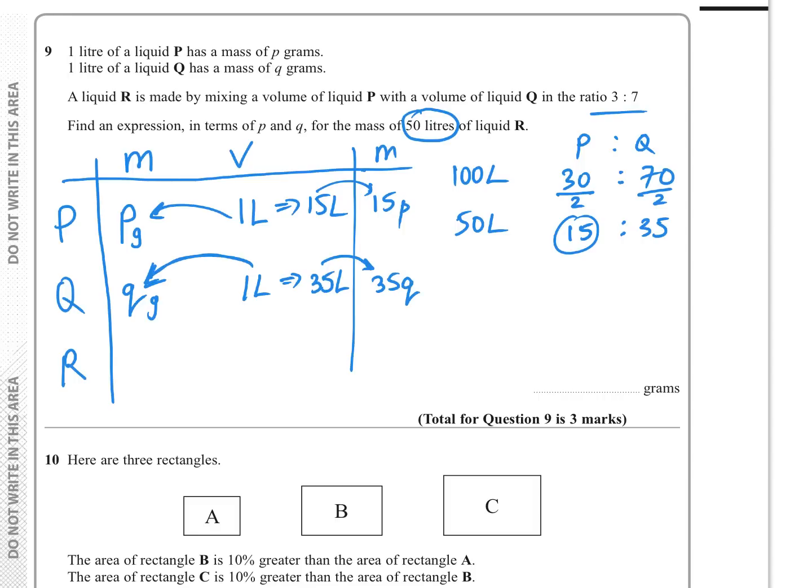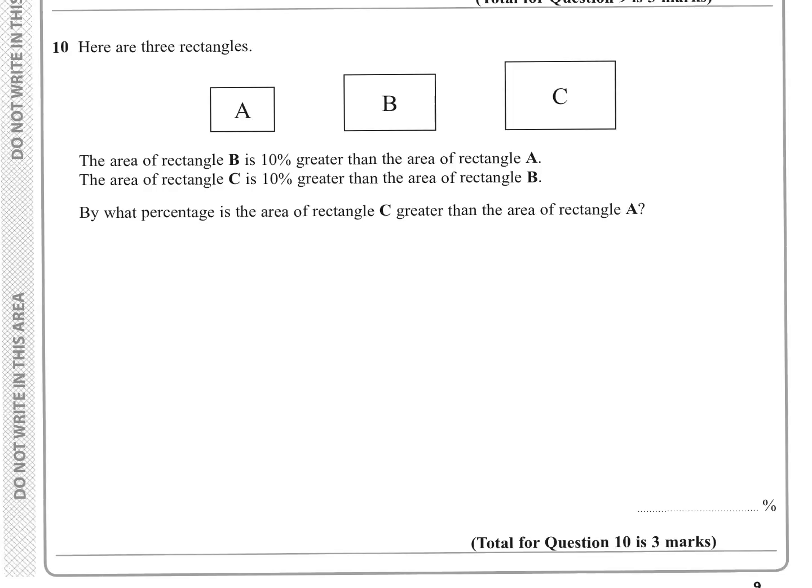So it looks as though the total mass of those 50 litres would just be 15p grams plus 35q grams. You don't have to write the g here and here, because the unit of measurement is given there in terms of grams. So 15p plus 35q should be absolutely fine.